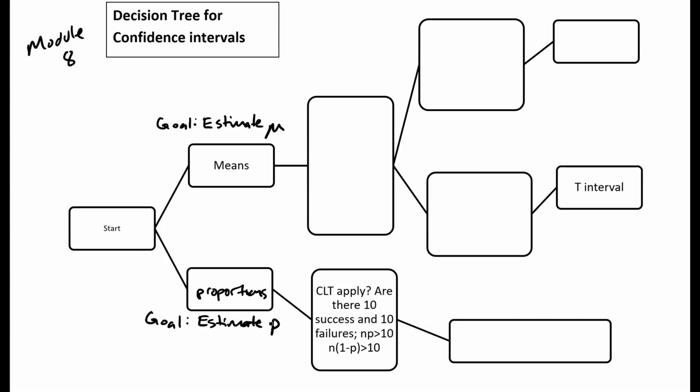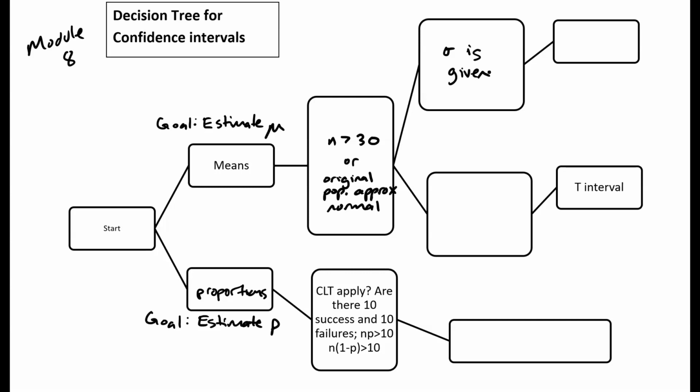The nice thing is the similarities really continue from the previous decision tree, because if the distribution of sample means is going to be approximately normal, then n needs to be at least 30, or the original population is approximately normal. The next thing to consider is, are we given the population standard deviation or not?